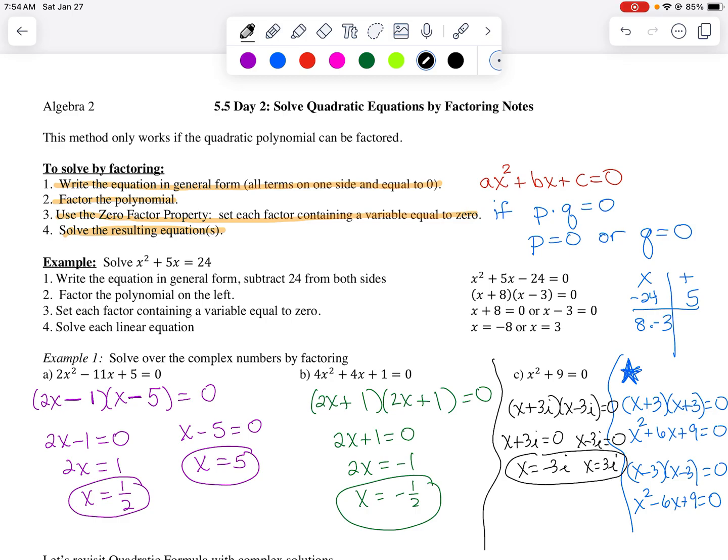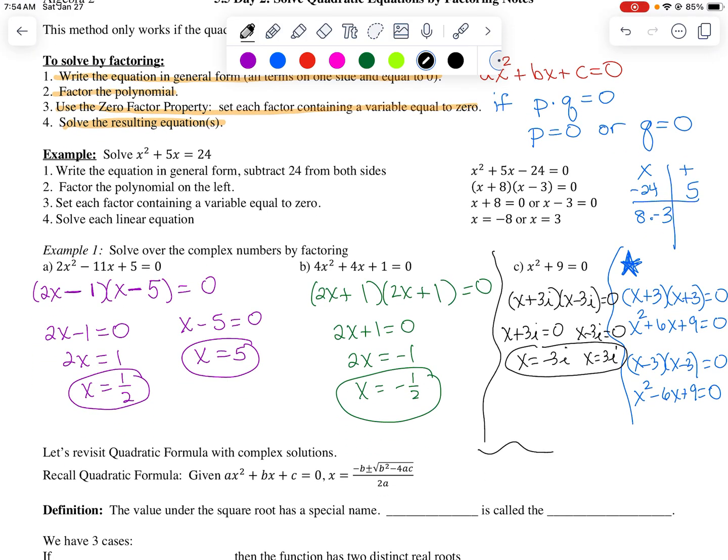So I'm getting those two answers. What I meant is, what if I multiplied that out up here? Let me draw. What if I take this and I multiply it out for you? That's x squared minus 3xi plus 3xi minus 9i squared.